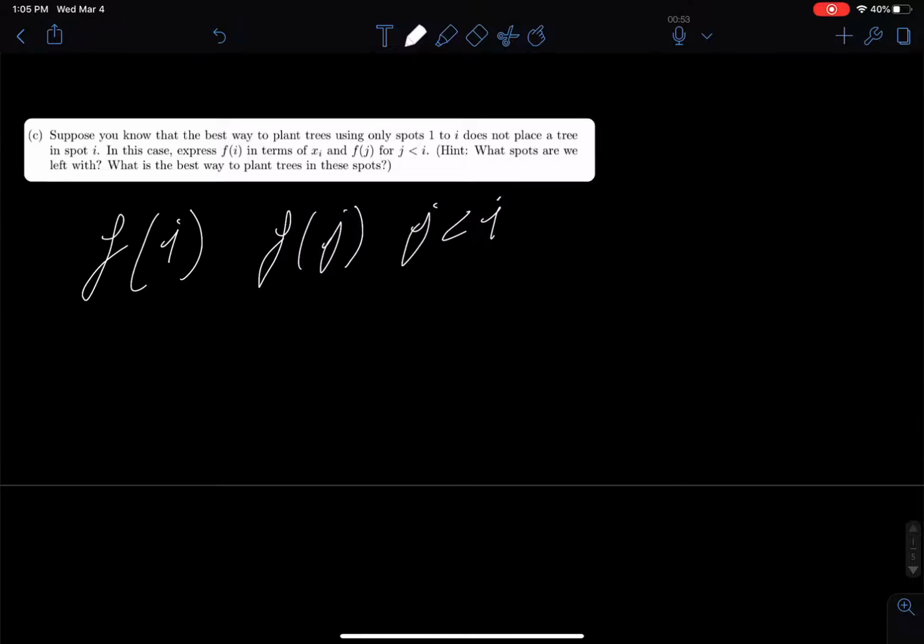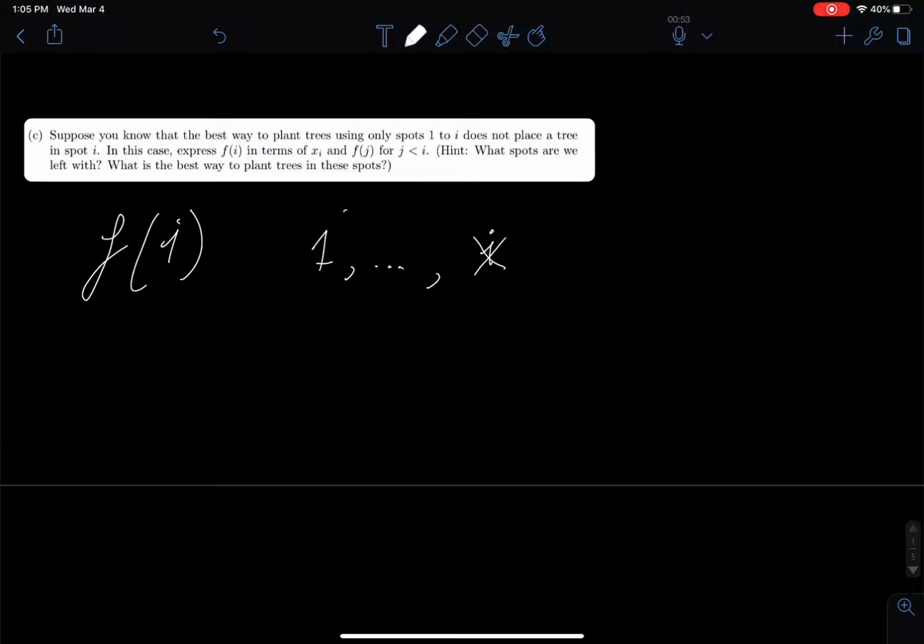Namely, we have to break this down into some cases. The first case that we're going to look at is when the optimal way to plant trees on spots 1 through i does not place a tree in spot i.